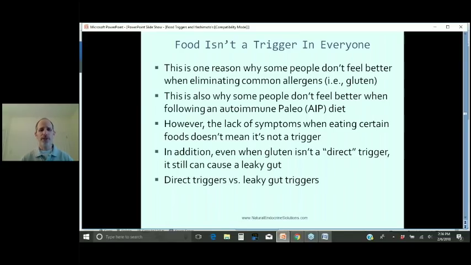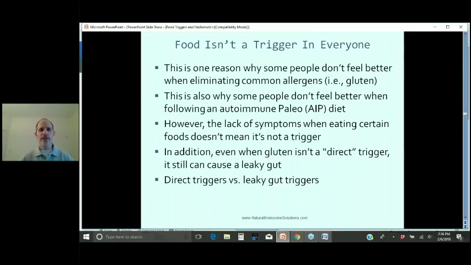All right, so direct triggers versus leaky gut triggers. I do talk about this more in my book. In the book Hashimoto's Triggers, I talk about direct triggers. Gluten can be a direct trigger through that molecular mimicry mechanism that I mentioned earlier, but it could also be a leaky gut trigger, meaning, just as the name implies, it can cause a leaky gut. Same thing with an infection.